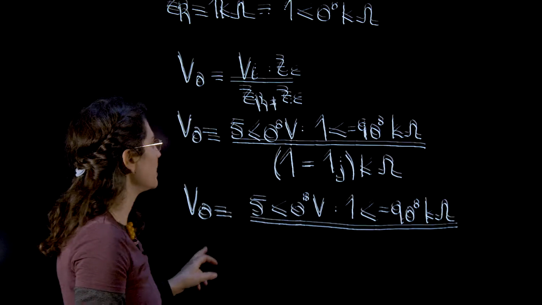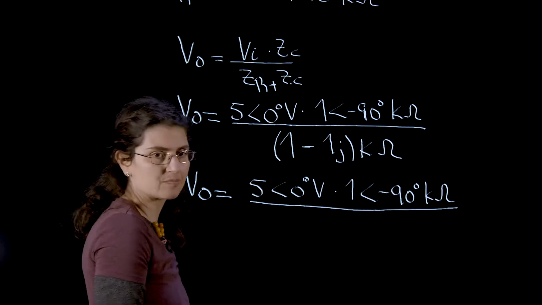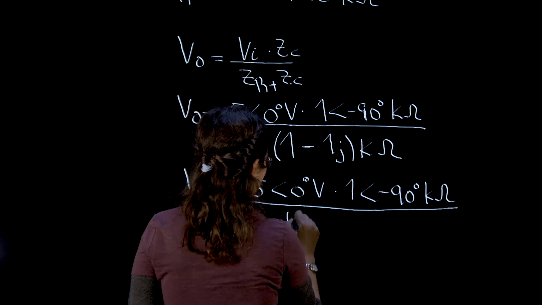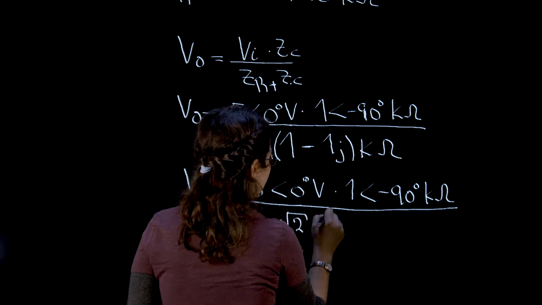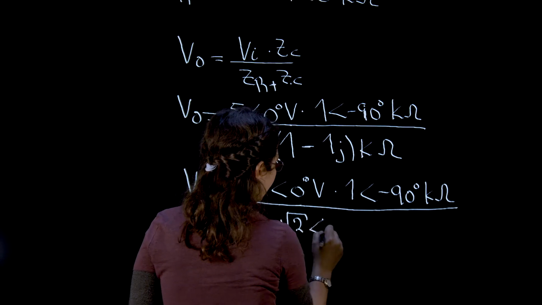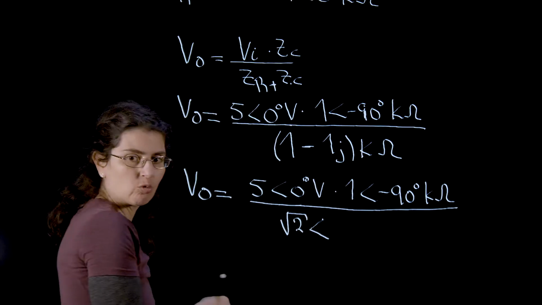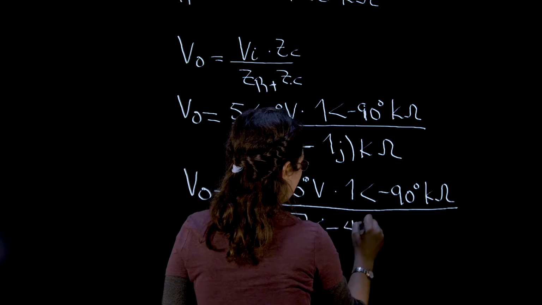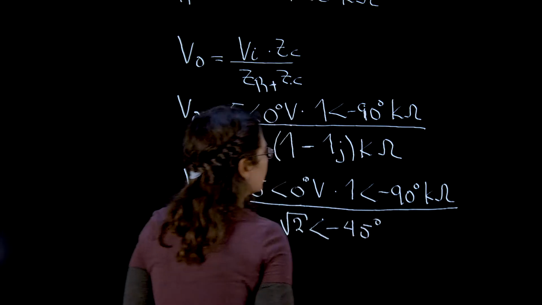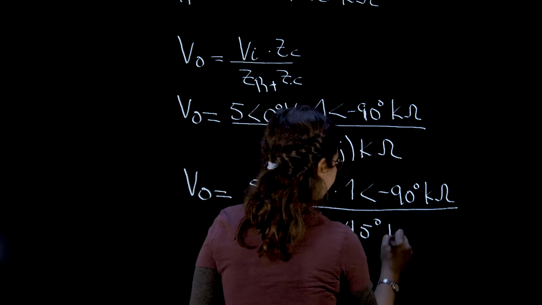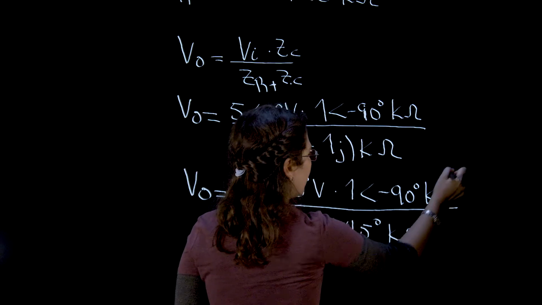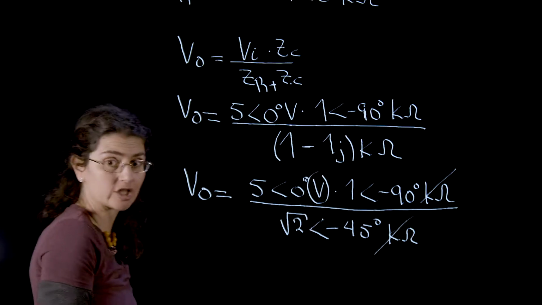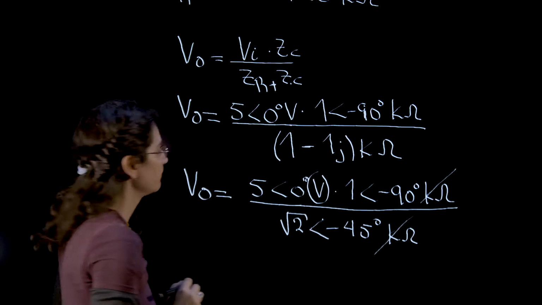So the magnitude is 1 squared plus 1 squared and the square root of that, so it gives me square root of 2. And the phase is the inverse tangent of minus 1 over 1, and that gives me minus 45 degrees kilo ohms. So now the kilo ohms cancel, and we're left only with volts, which is a good thing because that's what we're calculating here.